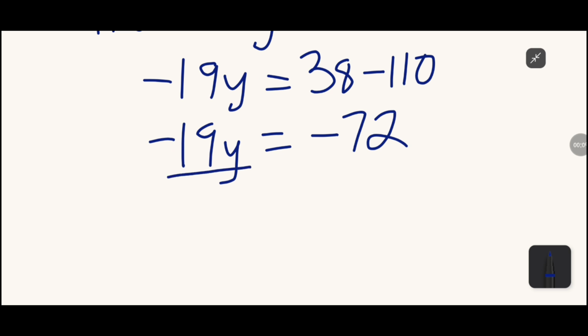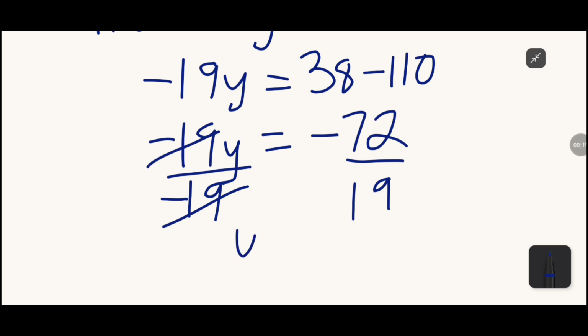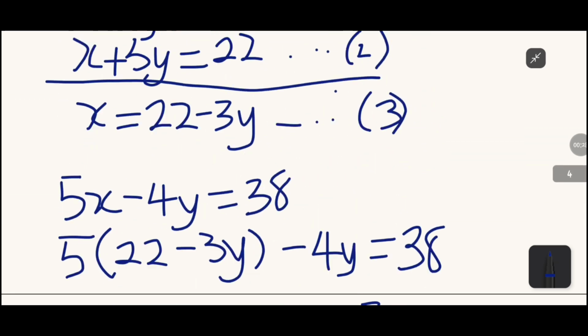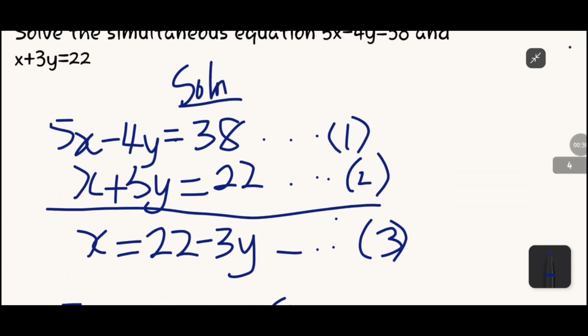So everything divided by minus 19, this is going to cancel this. So y is going to be equal to 72 over 19. So the value of y is 72 over 19. Now we are going to put y as 72 over 19 in either of the two equations to find the value of x.